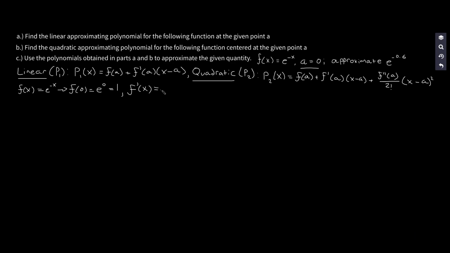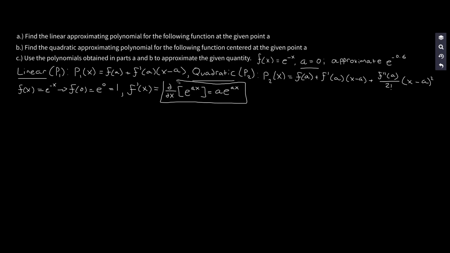f prime of x equals, well, to find f prime of x, we need to take the derivative of e raised to the power of negative x. Here's the formula for that: e raised to the power of a times x has derivative a times e raised to the power of a times x.